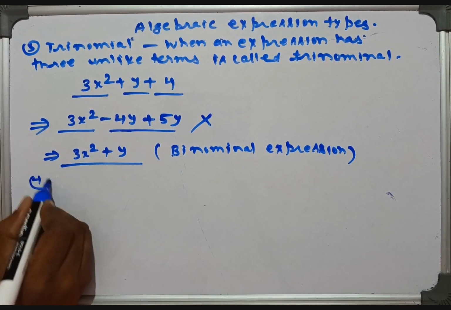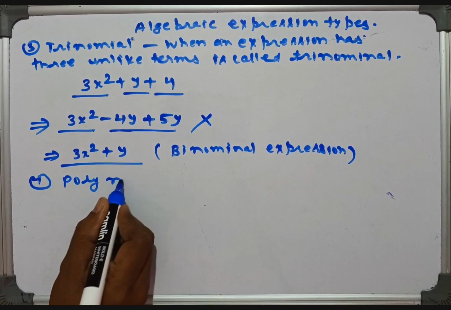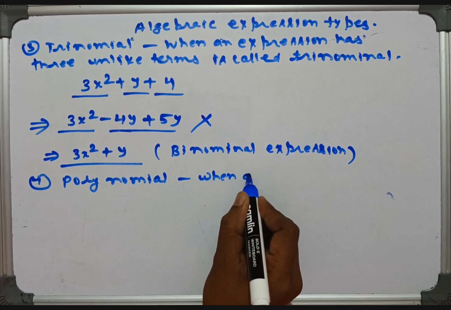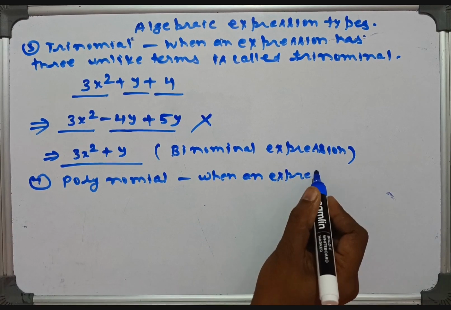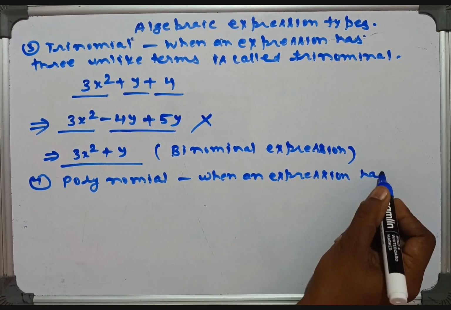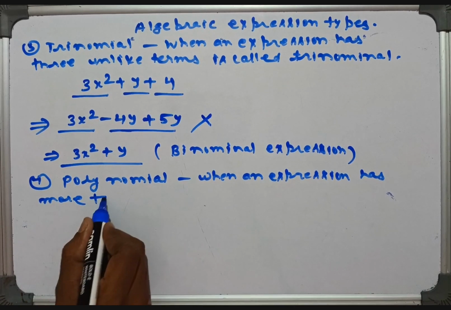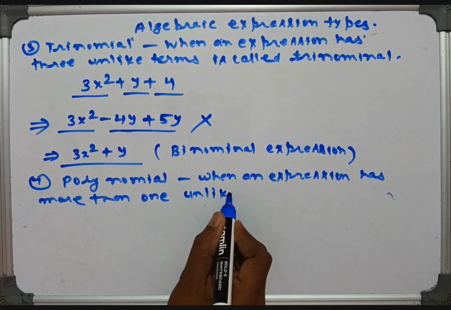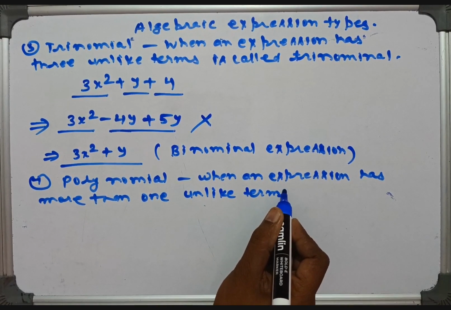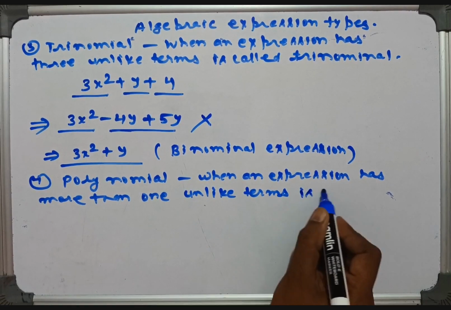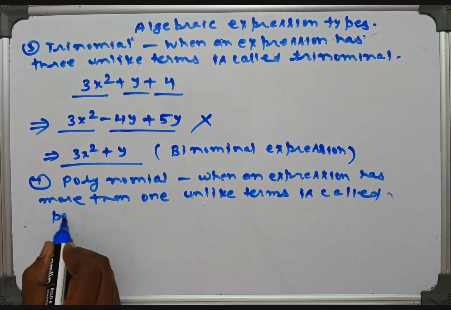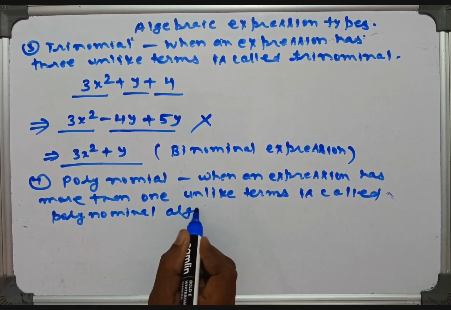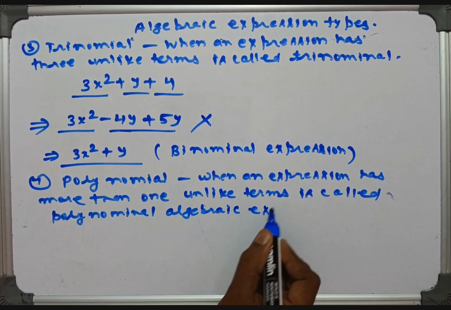Now the fourth one is a polynomial. When an expression has more than one unlike term, it is called a polynomial algebraic expression.